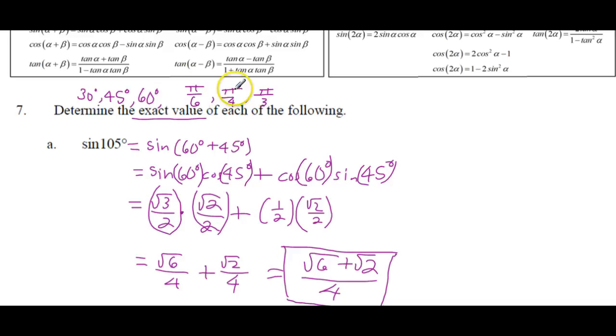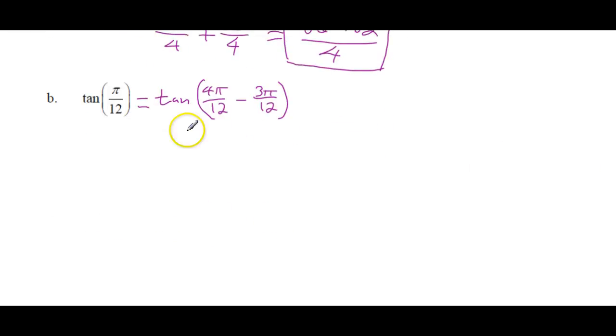So in this case, I can get 3/12 and 4/12. Multiply that by 4, multiply this by 3, so you've got 4/12 and 3/12. Those can be combined to give you 1/12. So it's the tan of 4/12, pi over 3, minus 3/12, pi over 4.